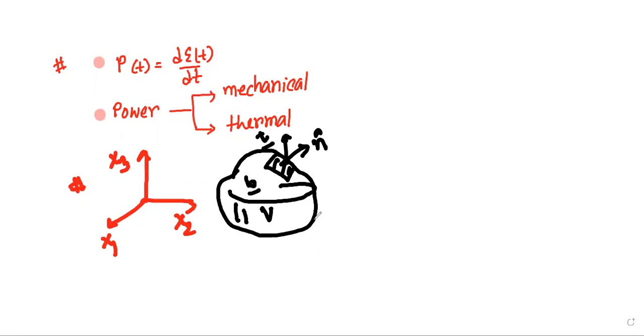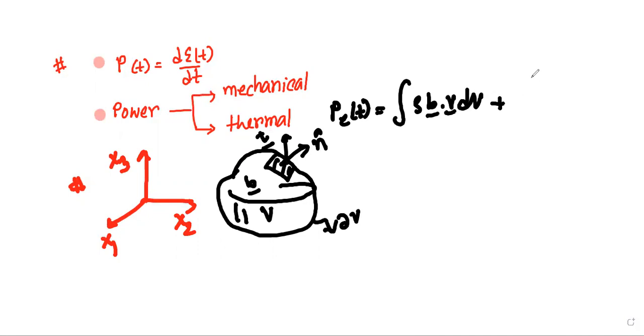This is the origin, and the boundary is del B. So the mechanical power transferred is the integration of rho b dot v dV plus the traction field t dot v dS.